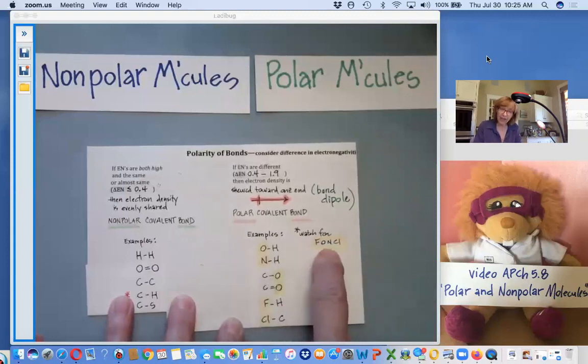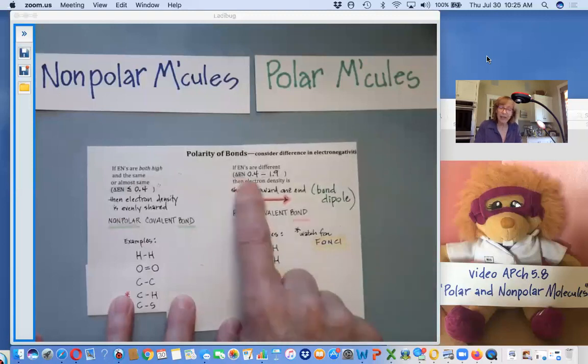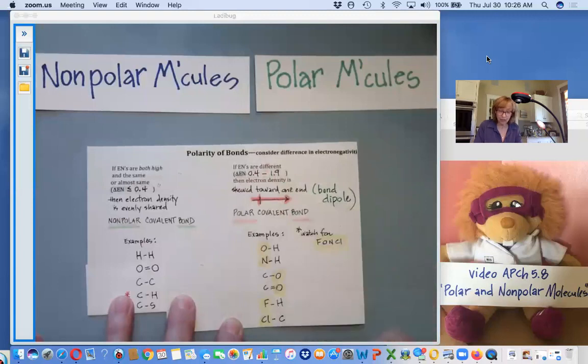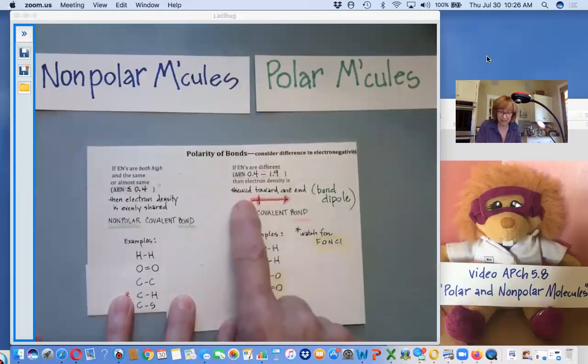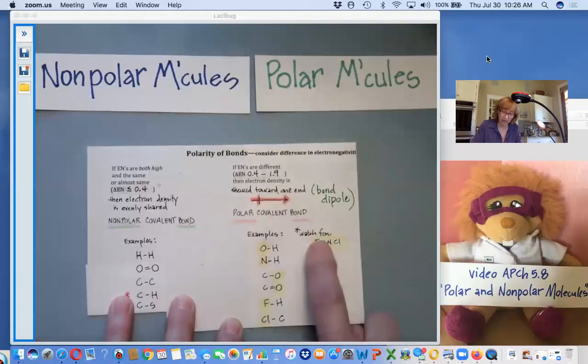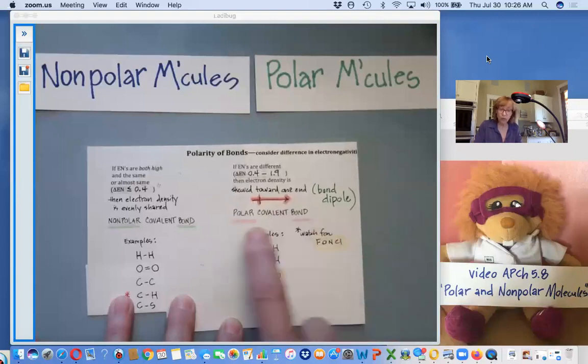If that is the case, even without a table of electronegativity values, you can conceptually understand that your bond will be skewed. The electron density will be skewed toward the more electronegative atom, and we will label that bond as a polar bond.